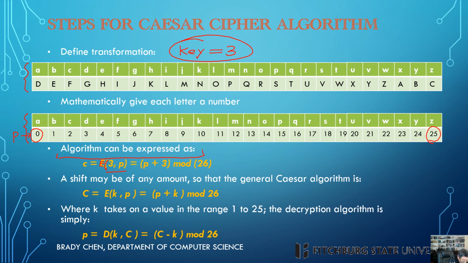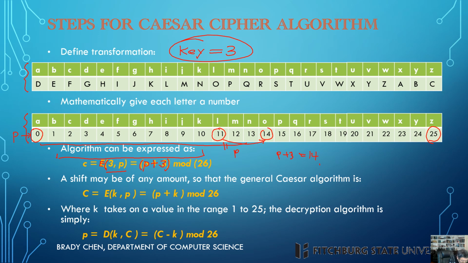So now the encryption can be written as P plus 3, because whatever the value of P, we add 3 to increase the number by 3. Remember, in this table, if the current value P is 11, then P plus 3 is 14. So the plain text 11 is going to be mapped to 14 under this algorithm.